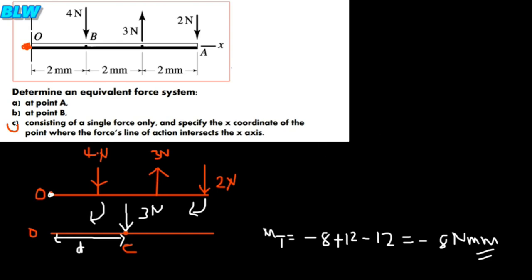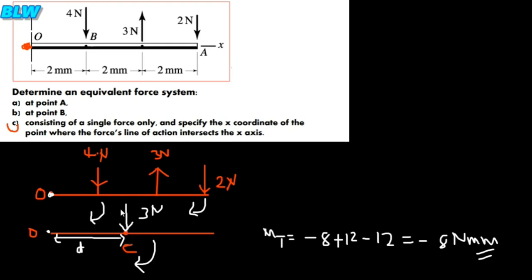Okay, so now that we know that, let's look at this. So now, if I want to find the moment of this force here from point O, what will it be? So looking at where point O is, this moment moves in the clockwise direction, so it will be negative. But I don't know the distance here.